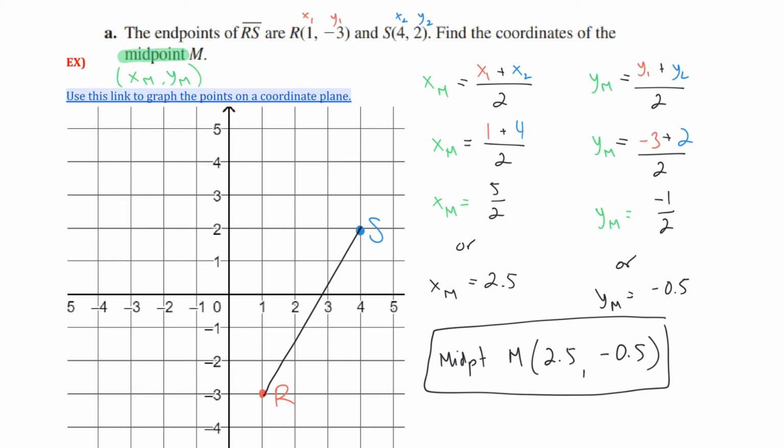So the exact point is right about there. So my line that I drew in is a little bit off, but it's pretty close to where the actual midpoint is. So if I double check and I take a look, just very quickly kind of eyeballing both sides of the segment, they look about to be equal. So that's how I know that the coordinate that I solved for is correct.